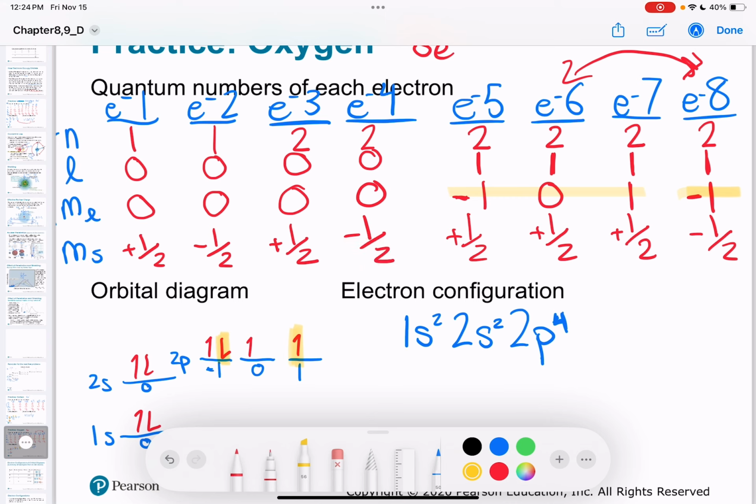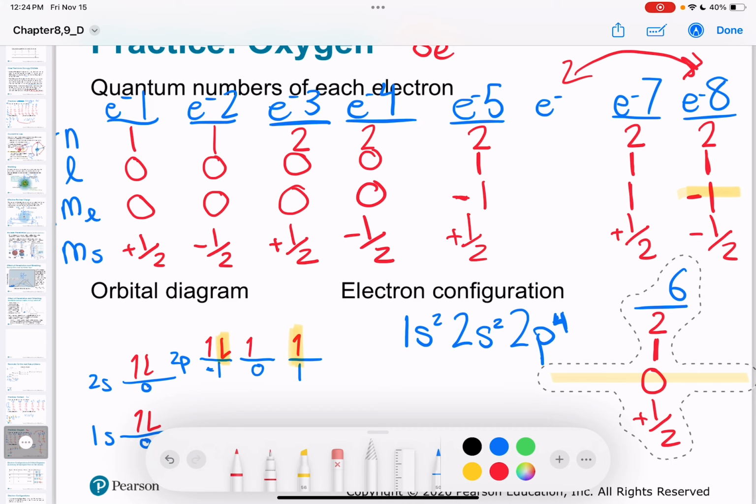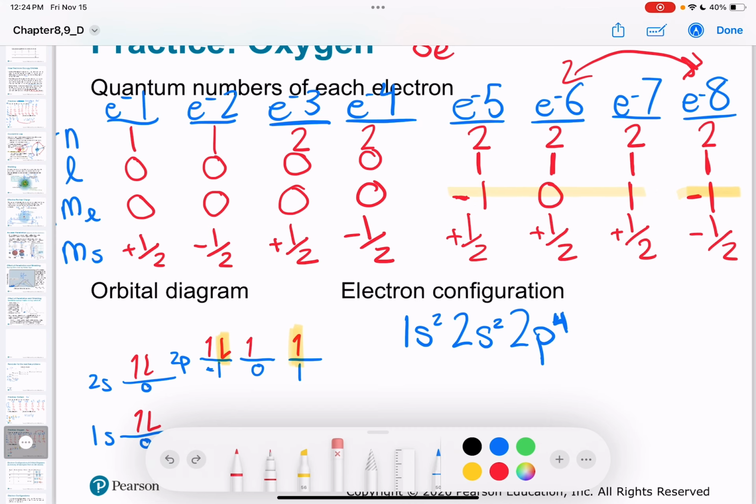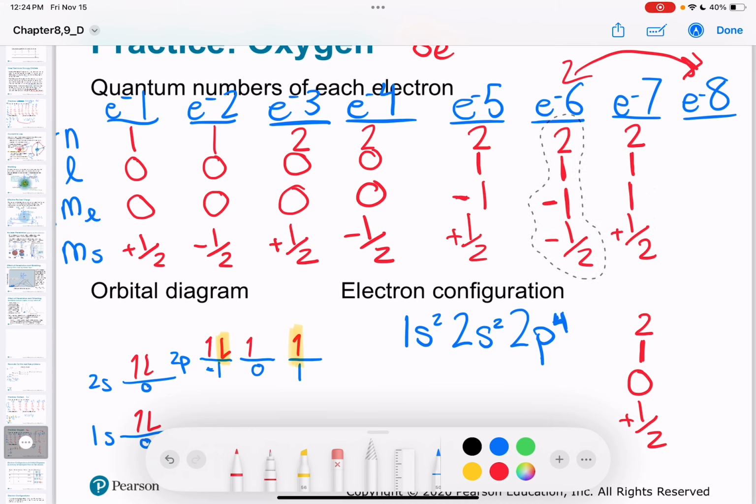But if you had flipped these sets, let me do that. Oh, that's not really what I meant to do. Okay, let's go like this. I just want to take those quantum numbers and move them out. Okay, so if I'd written it like this, that's not wrong. That's fine if you did it like that.